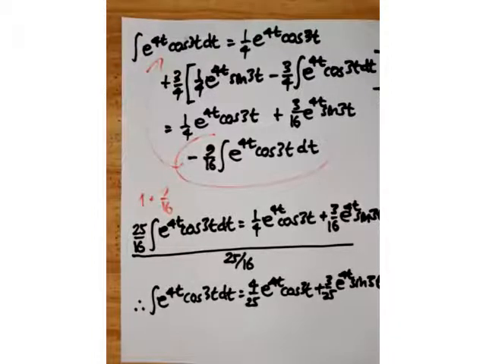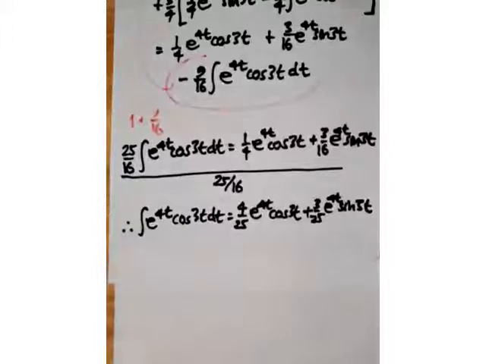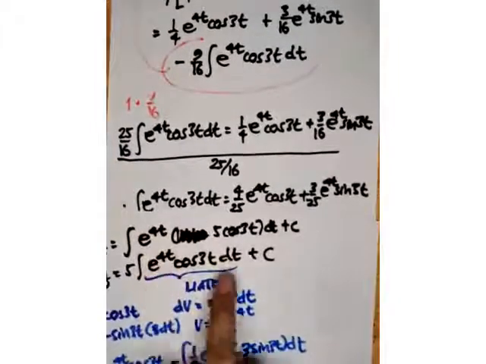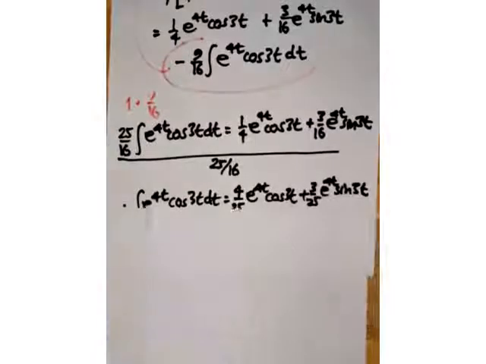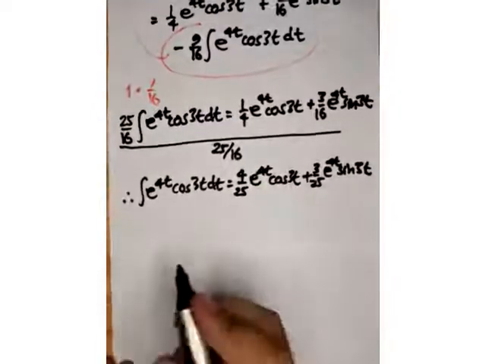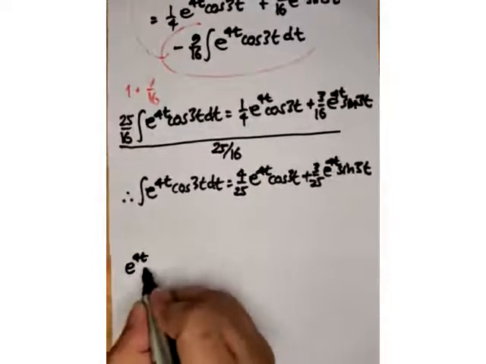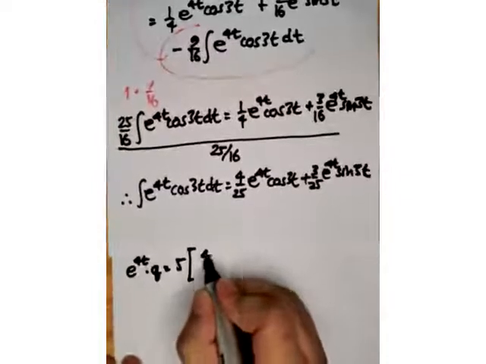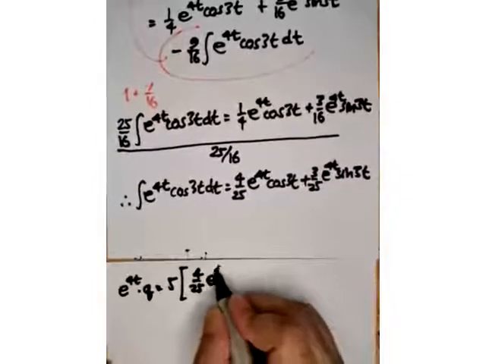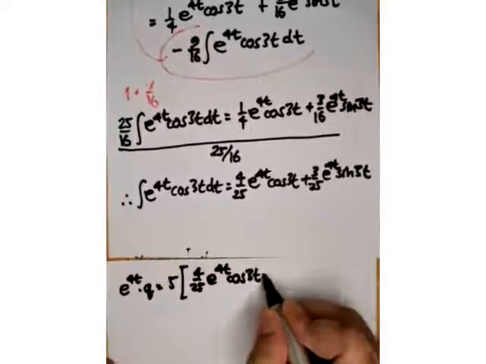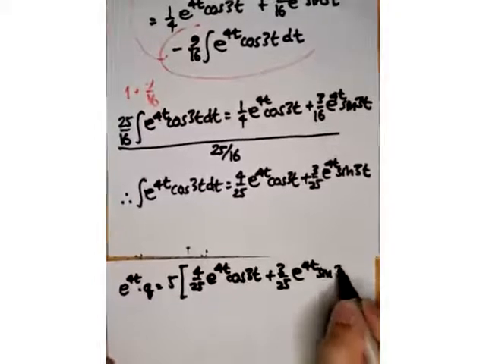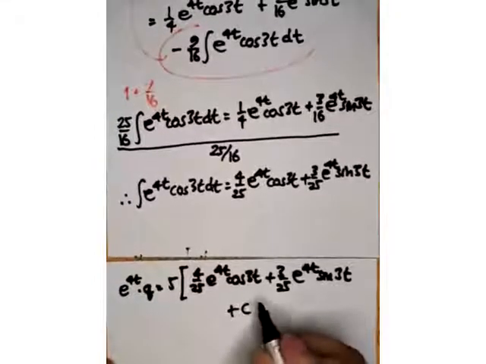We're almost done. We're nearing the end. Okay, so I need the original. So therefore, our answer, we just plug it in here. So our answer now is e raised to 4t times Q is equal to 5 times 4 over 25 e raised to 4t cosine 3t plus 3 over 25 e raised to 4t sine 3t plus c.